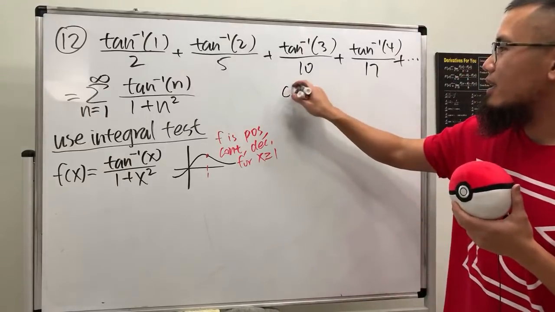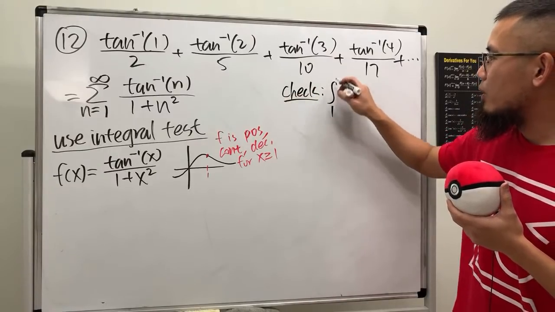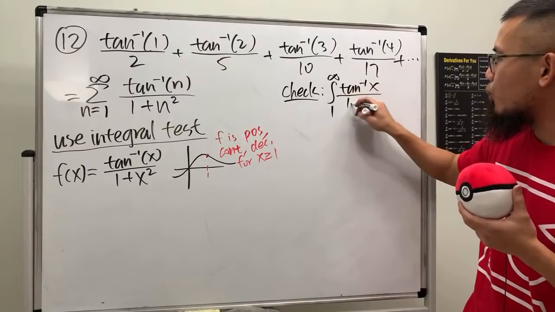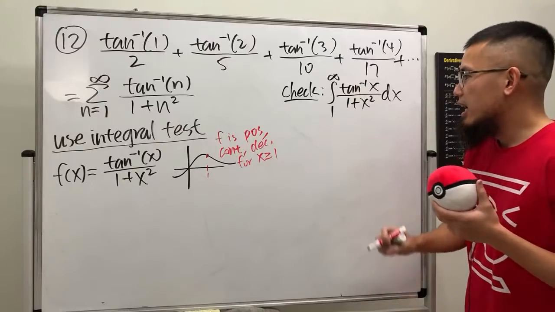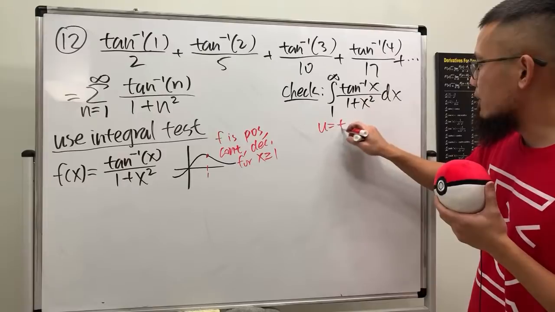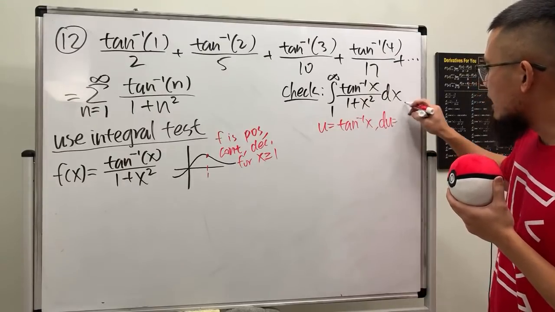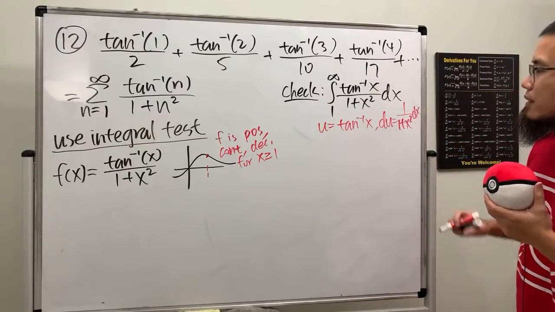So right here, I'll just put down we check the corresponding improper integral from 1 to infinity of inverse tangent of x over 1 plus x squared dx, right? All right, so for this one, I'm going to let u equal the inverse tangent of x. And then du will be precisely 1 over 1 plus x squared dx.